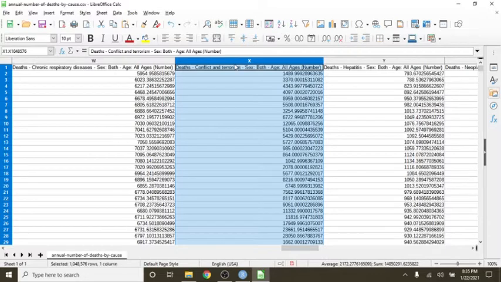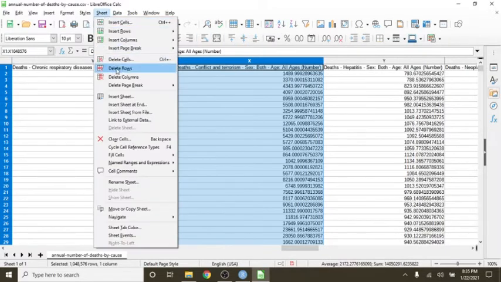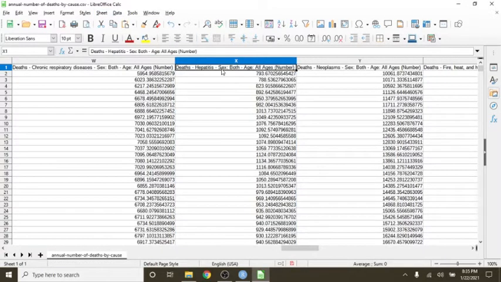Conflict and terrorism. I'm not concerned with terrorism at this point. I'm only concerned with diseases, hepatitis. Okay.